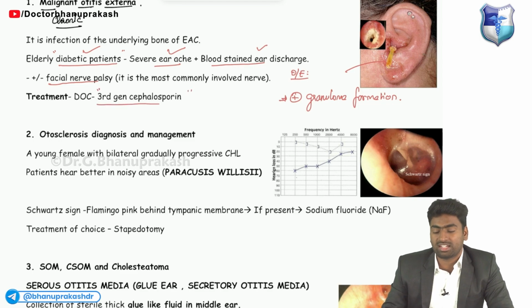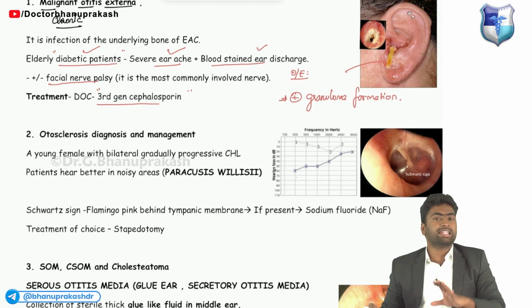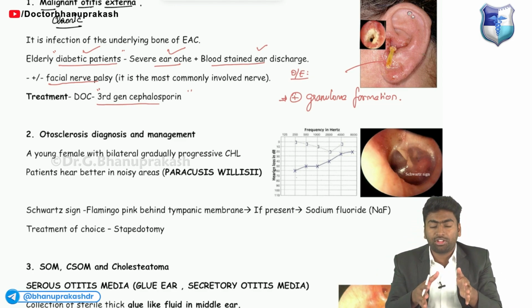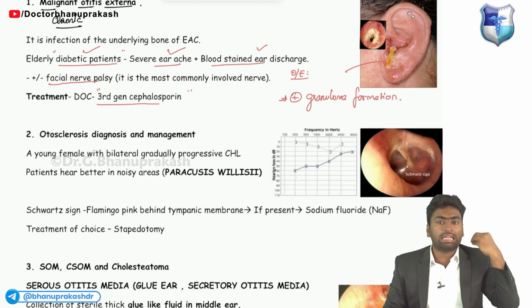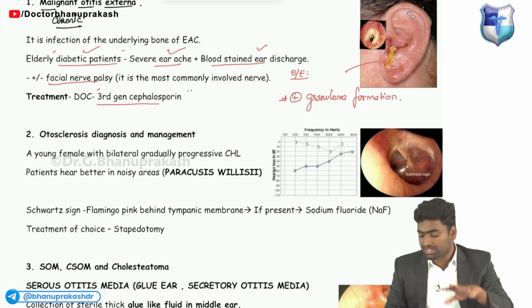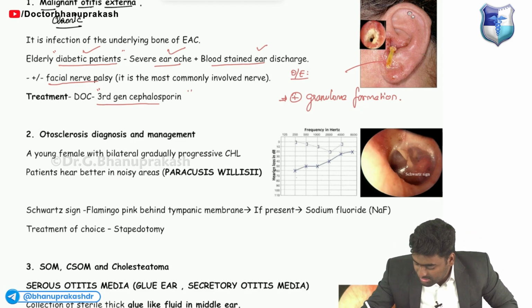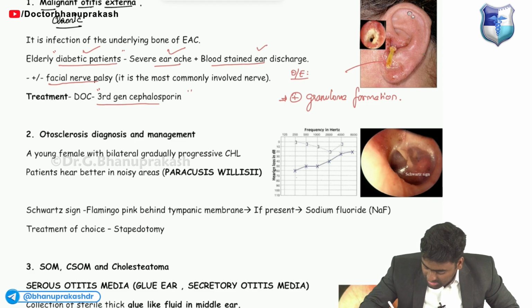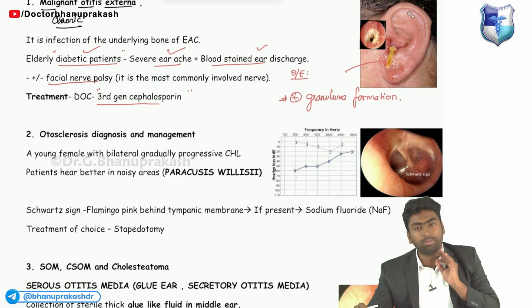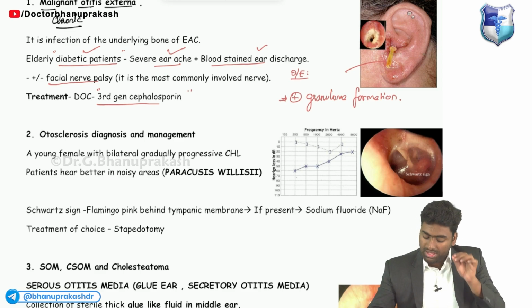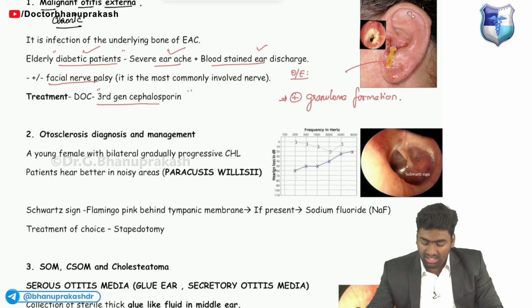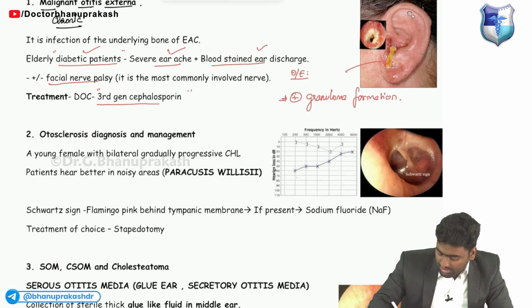The main catch point is a diabetic female presenting with chronic ear discharge, and on examination you will see the presence of granuloma formations. This is typically suggestive of malignant otitis externa.